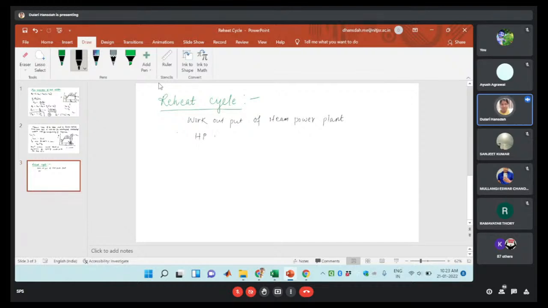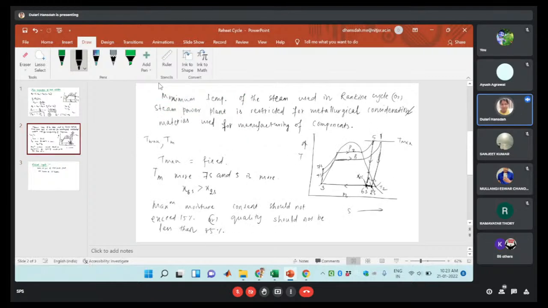So here we are using the HP turbine and LP turbine, right? I think you have remembered these things. So in this discussion, we are limiting your maximum pressure of the steam.